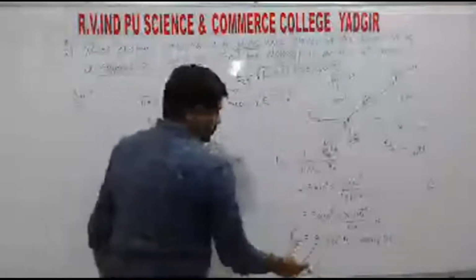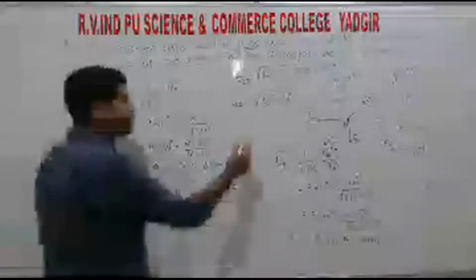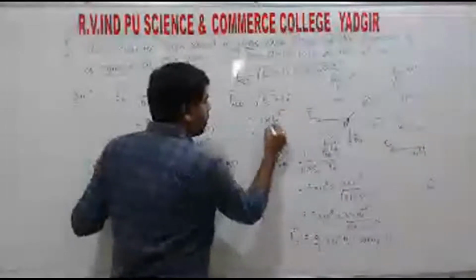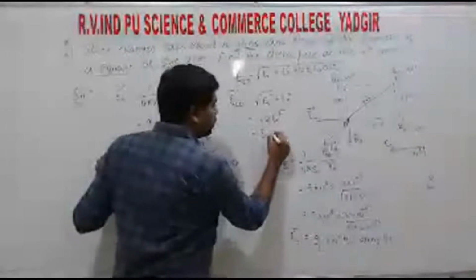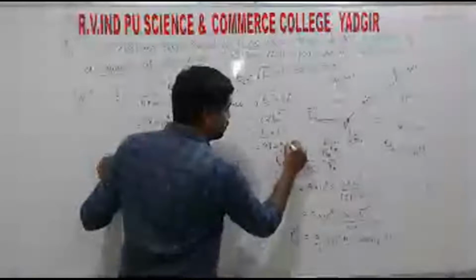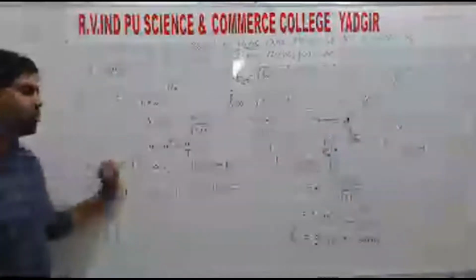EC and ED both have the same values, so we can write this as 2 into EC square, or EC into root 2. So the value is 9 root 2 into 10 to the power of 4 Newton per Coulomb, right?